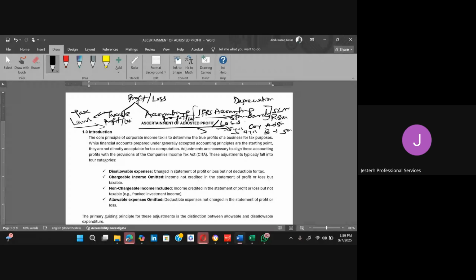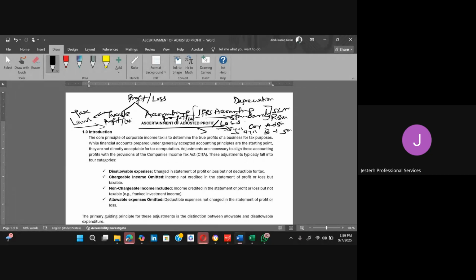That is just why the accounting profit is a basis to compute our tax. It starts as the foundational profit.